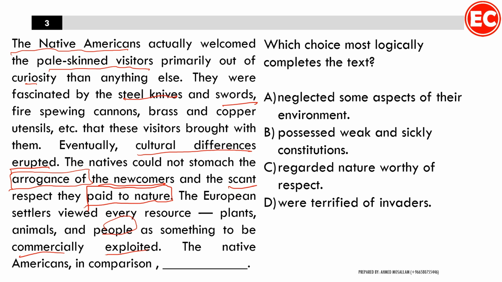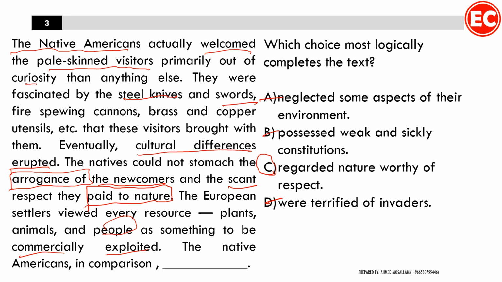The Native Americans, in comparison, what did they do? Neglected some aspects of their environment? That's far from the answer. Possessed weak and sickly constitutions? Nothing related, this is irrelevant. Regarded nature as worthy of respect? This could be the answer. Were terrified of invaders? No, because they welcomed them.